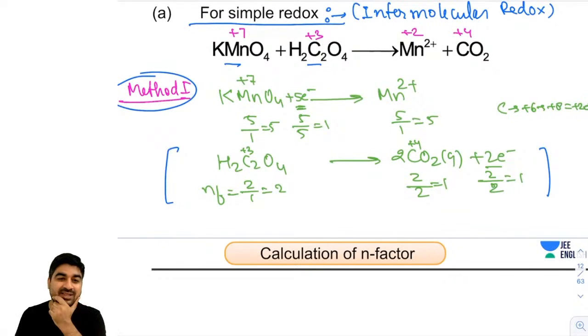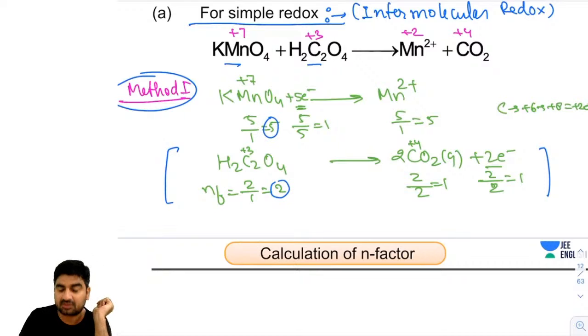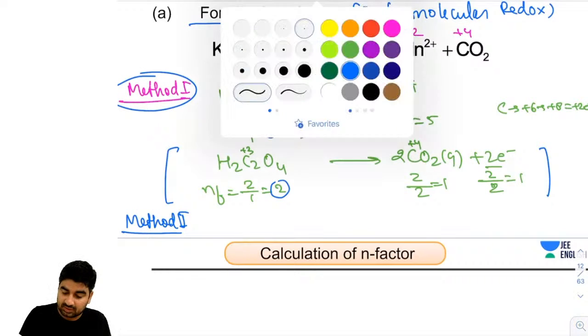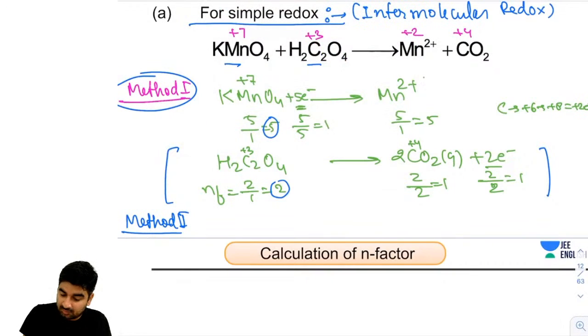Now guys, what is method 2? Now you have calculated the n factor for this, the n factor for this, for everything you have done it. But now it would be better if you use method 2. Now what is method 2? Yes, what is method 2 guys? Just add these two reactions. Now multiply one by 2 and the other by 5.